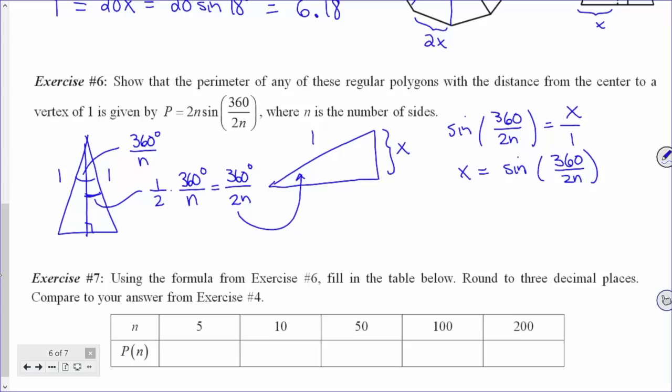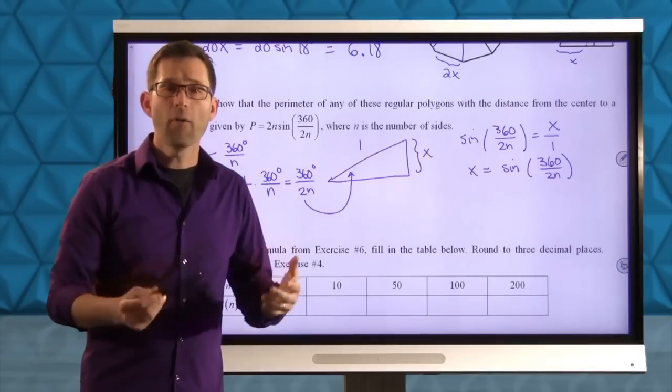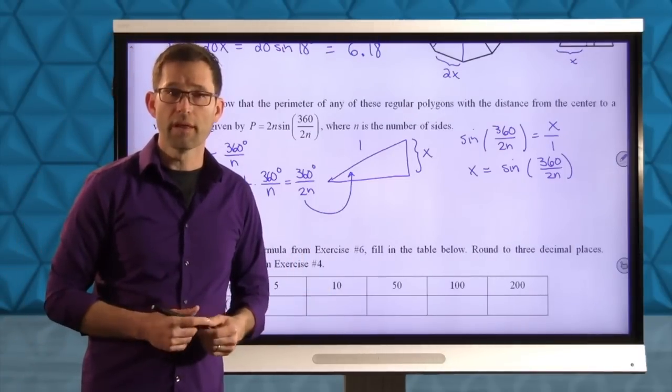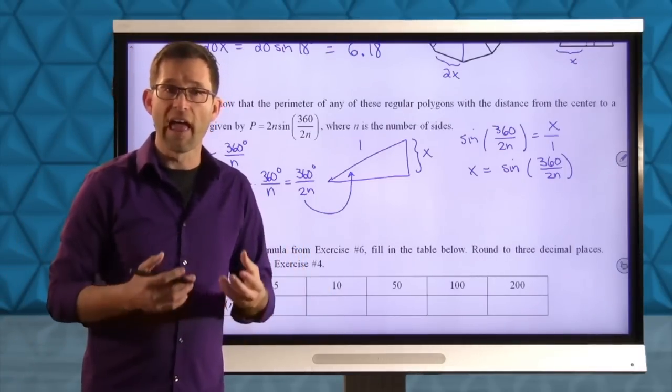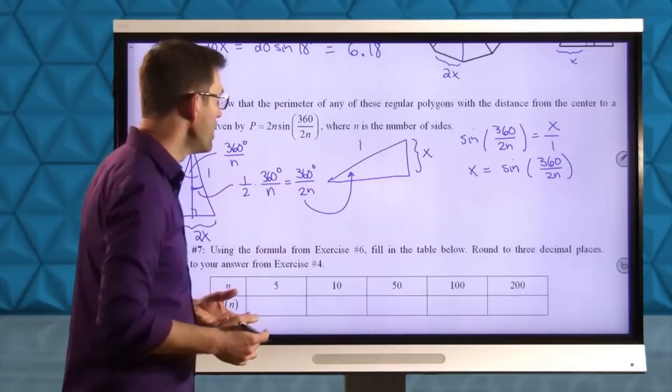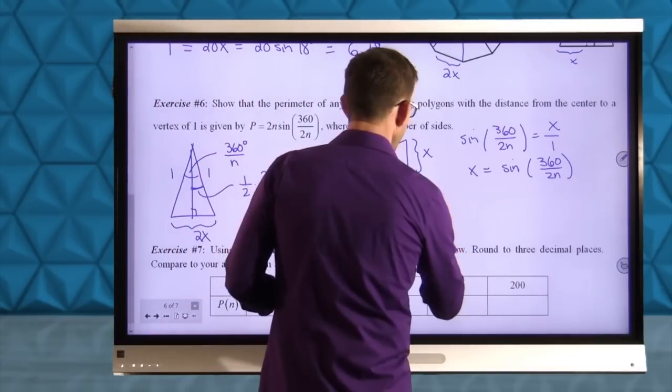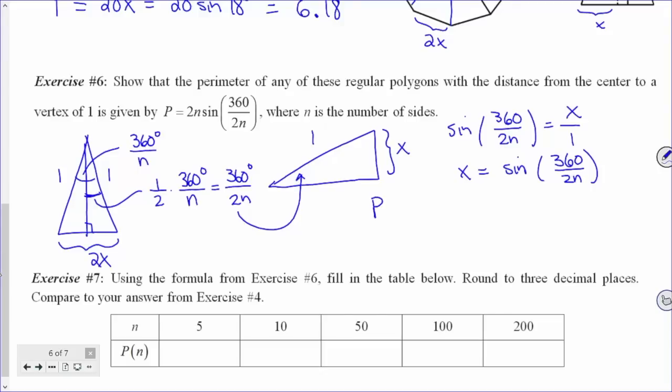Now, keep in mind that the entire side length would be 2x. And how many of those would we have? Well, it's an n-sided figure, so we'd have n of them. So the entire perimeter would be n of these things that are 2x, and that would be n times 2 times the sine of 360 divided by 2n.